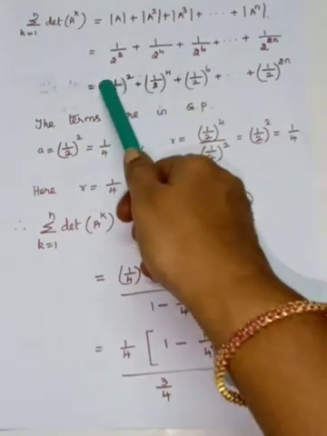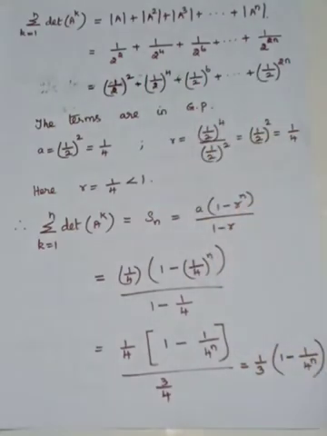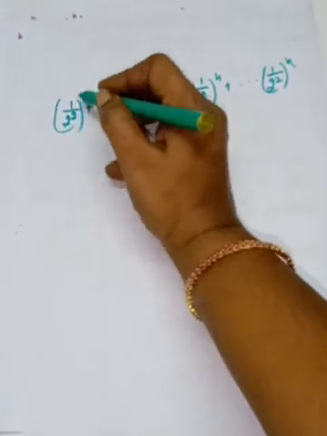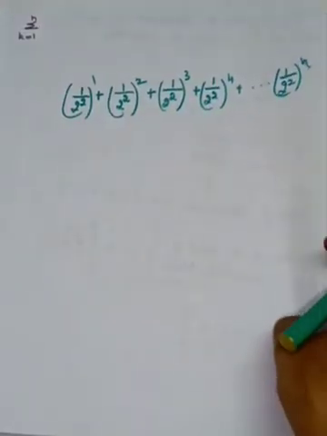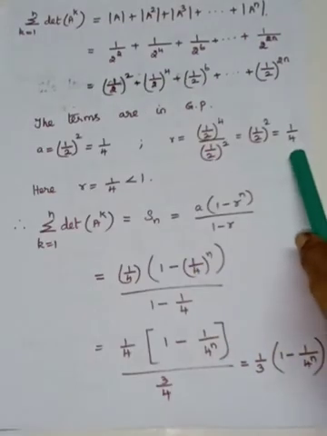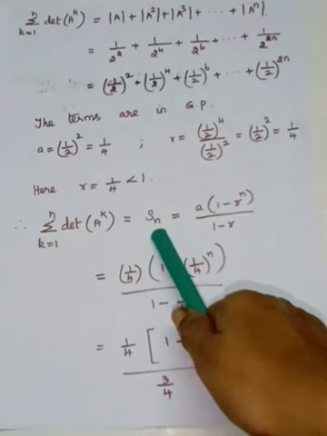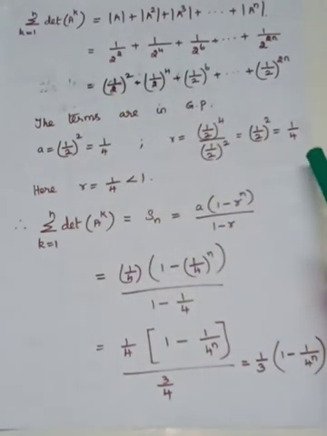So here the terms are in GP, we have to add the terms starting from 1 to n. Okay, so see now, the first term A is 1 by 4, the common ratio is 1 by 4, and you are going to find Sn, because how many terms here will you have? N terms.